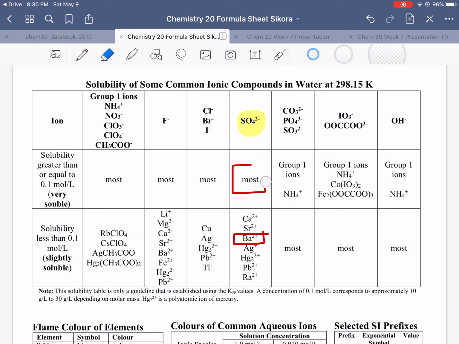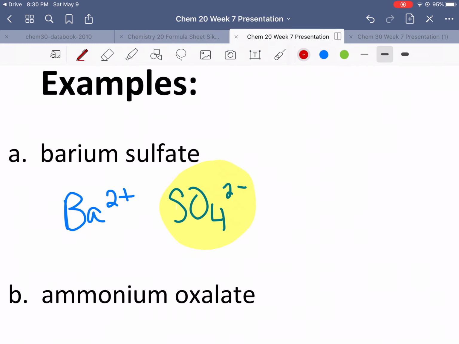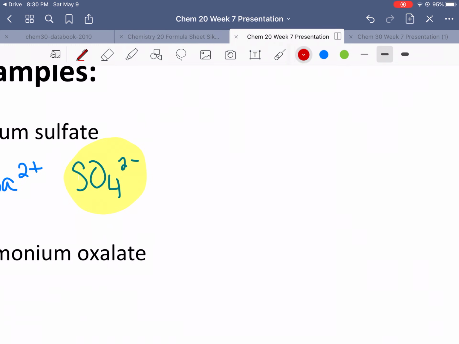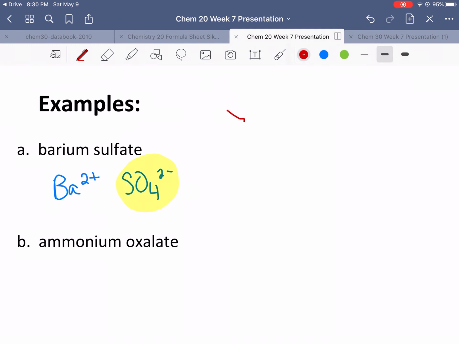As soon as we see that, we have to go, oh, it's not soluble, it's insoluble. It's listed in the slightly soluble section. That means when sulfate combines with barium 2+, we have, dun, da, da, da, a precipitate. Now, when you guys put this together, we're going to still have to follow the same rules you always do for ionic compounds.